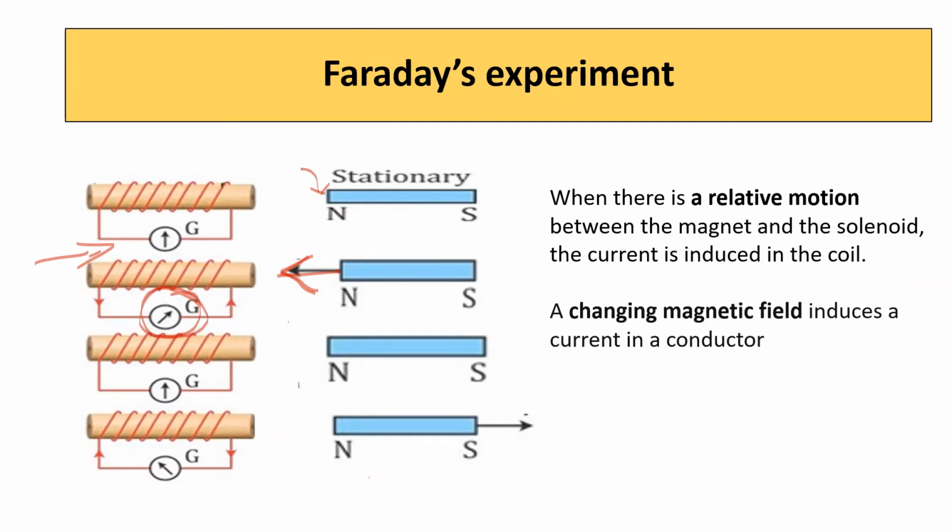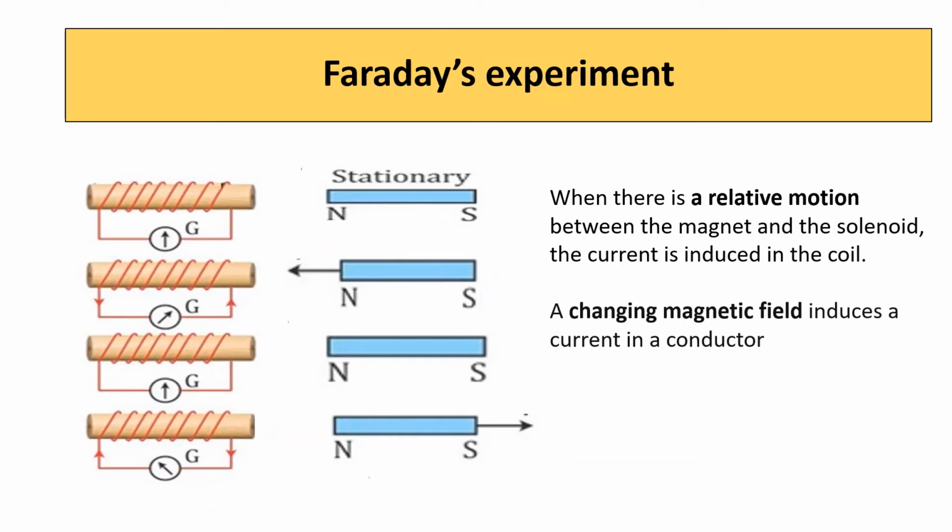When the magnet is stationary, the galvanometer shows no deflection. But what happens if this bar magnet is moved towards the right, away from this solenoid? Then the galvanometer will deflect in the opposite direction. What can you infer from this? Only when the magnetic field is changing, the galvanometer shows deflection.